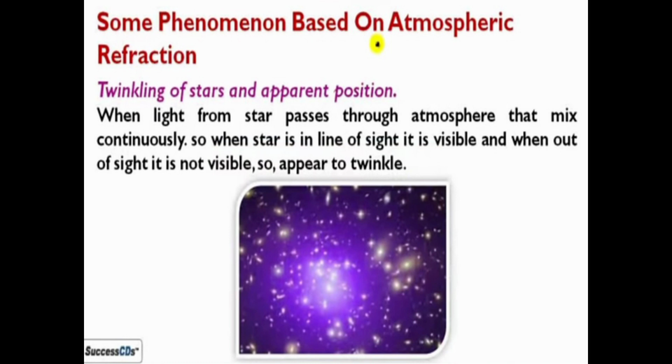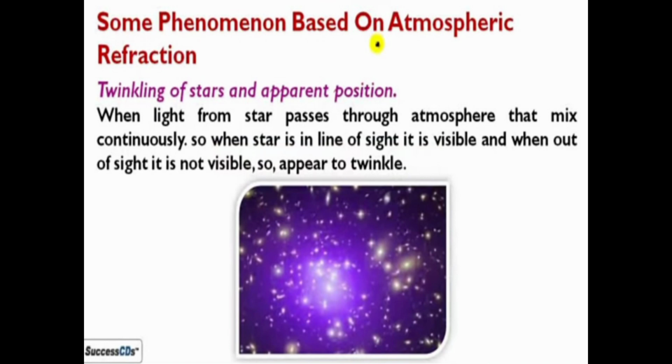The path of the rays of light coming from the stars goes on varying, so the apparent position also differs, and the starlight entering our eye also changes. That's why the star sometimes appears brighter and at other times a little bit fainter. Fainter means a little bit lighter, which is the twinkling effect. It is the twinkling of the star.